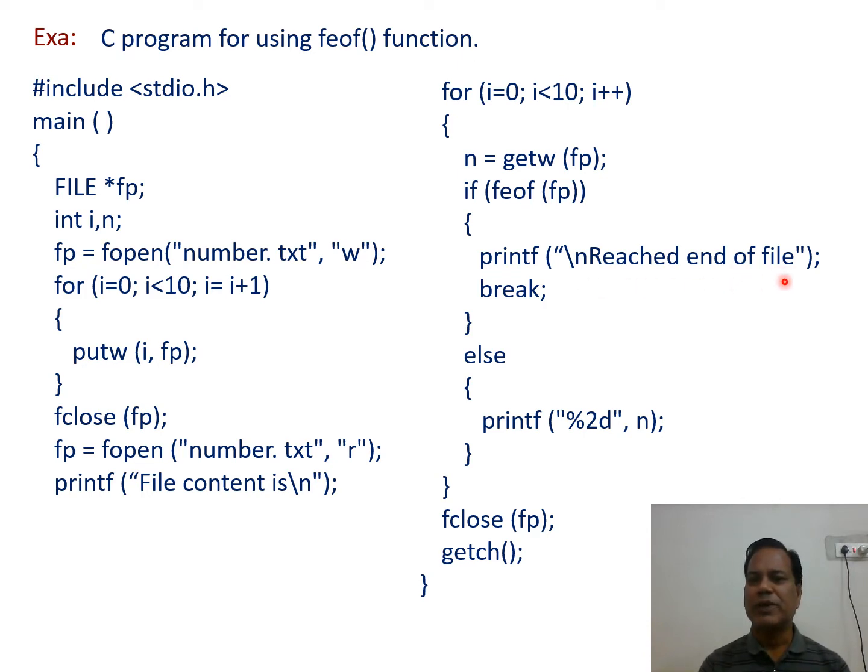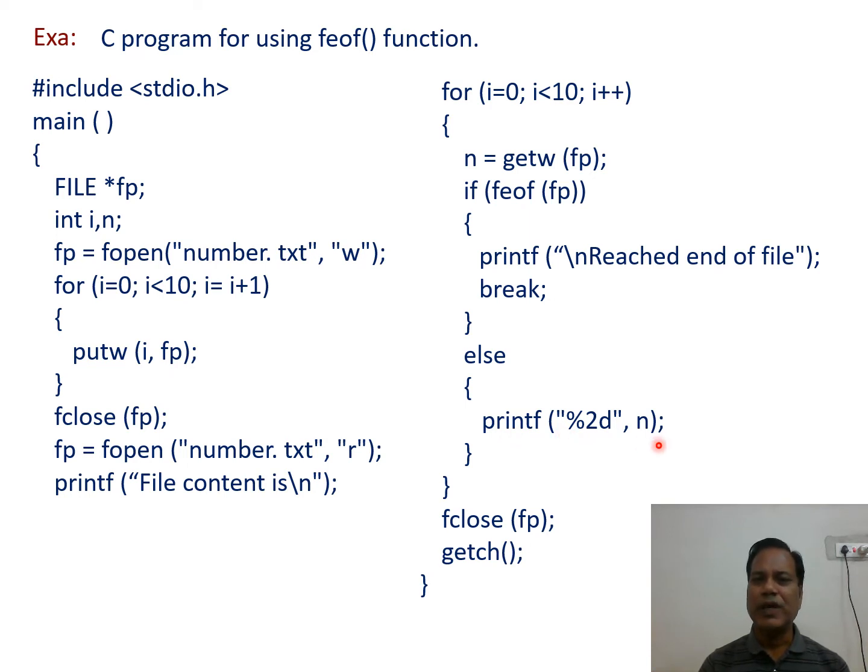This message is printed on the output screen and, using the break statement, control comes out of the looping statement. If the condition is not true, it means that data is still to be read. Then, using the else part, the read data is printed using the printf statement.